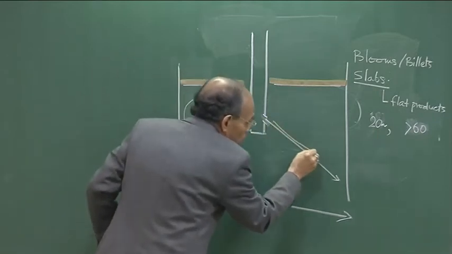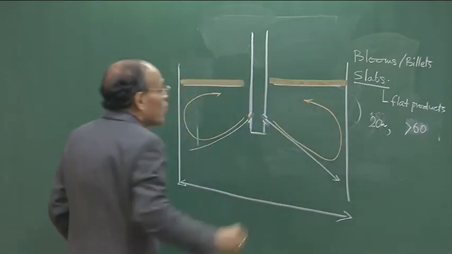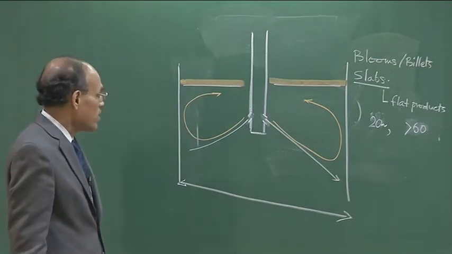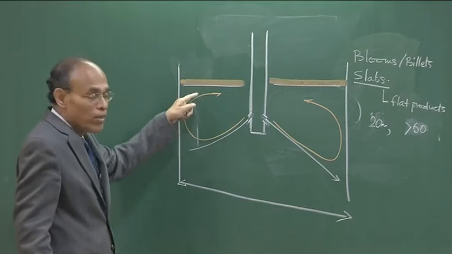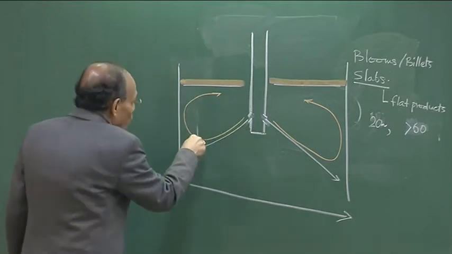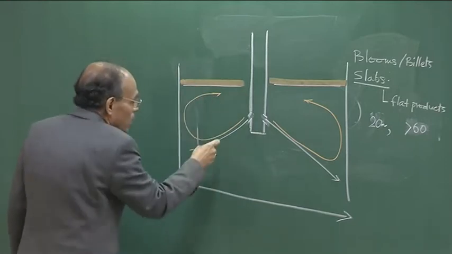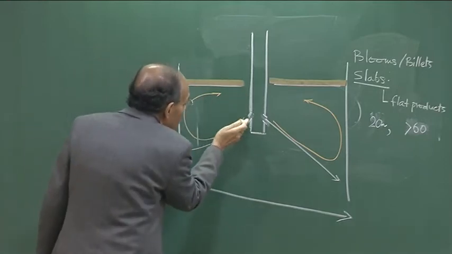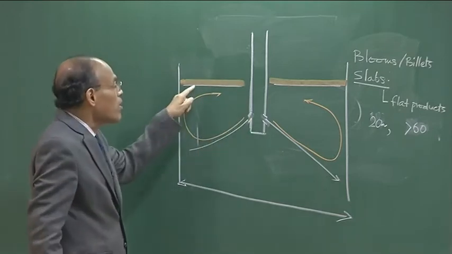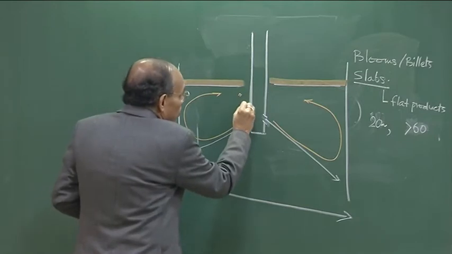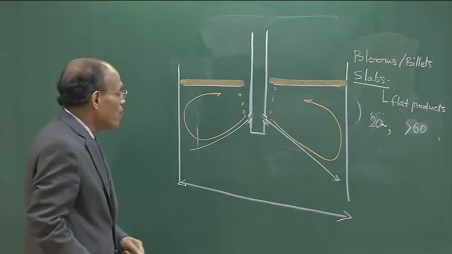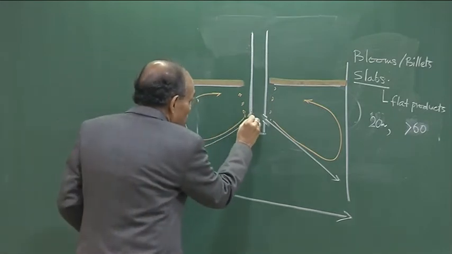The flow pattern goes something like this. These are called the characteristic twin roll flow pattern of the continuous casting machine, the slab caster, and this has a very vital role. If you make this taper too deep, then the flow will not turn upward. If you make it too small, or upward, then this meniscus is going to be disturbed, and if it gets disturbed, the slag particles can get entrapped. So, the taper is very, very important.